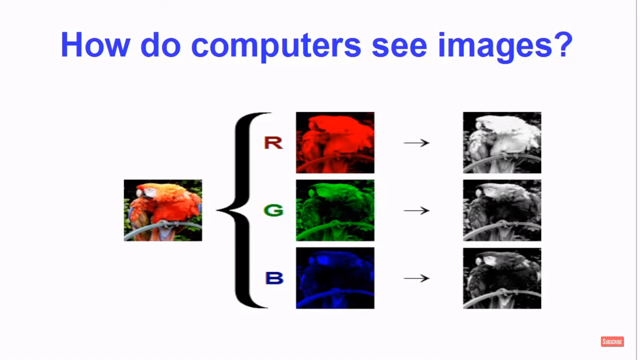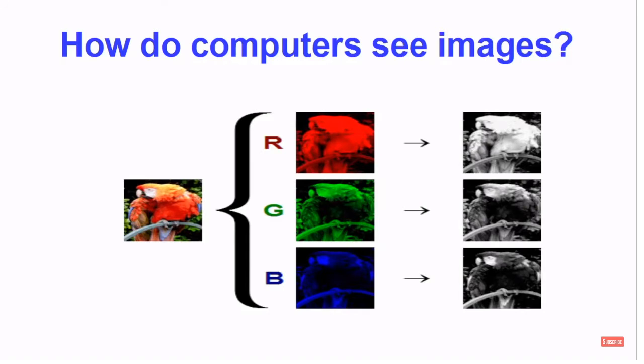What is a mega? 10 raised to 6. So this is not good. If you want to store just one image, you have to write a matrix of almost 3.6 megapixels. Is this right?